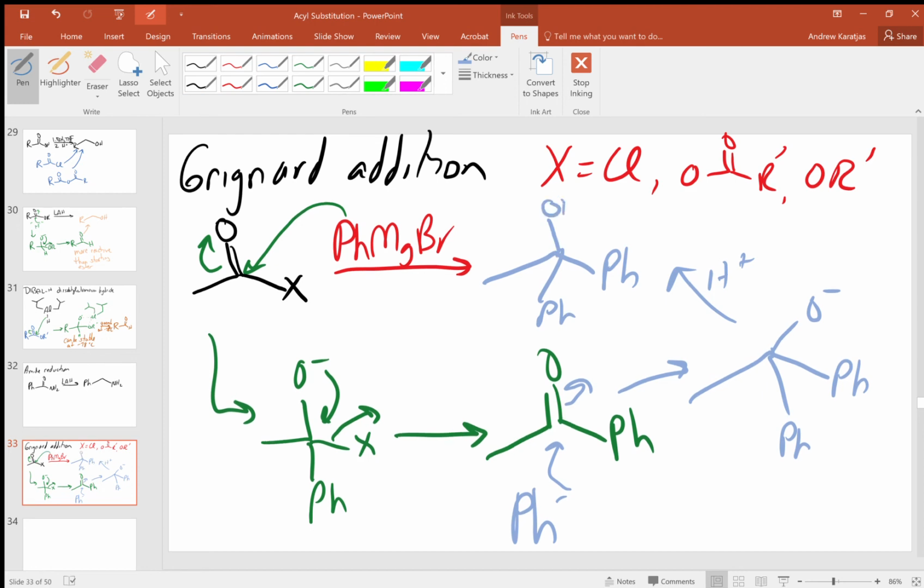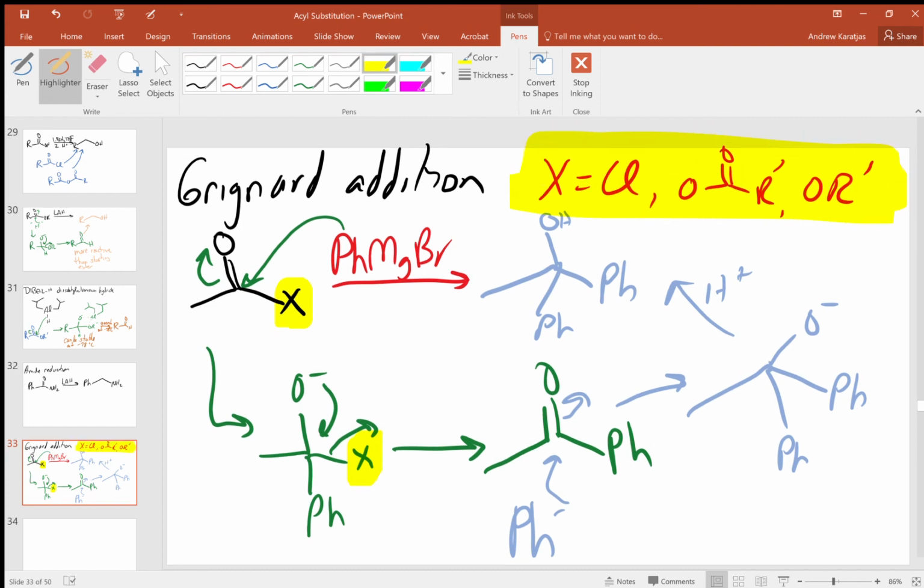So again, it doesn't matter which one of the three functional groups we use. All three products are going to be exactly the same. The mechanisms are going to be exactly the same. The only difference based on the starting material is what leaving group we use.